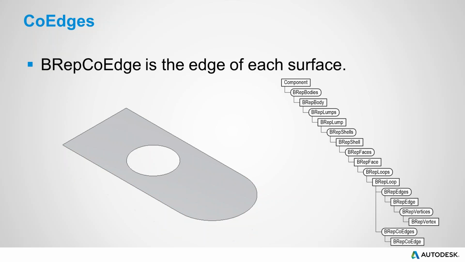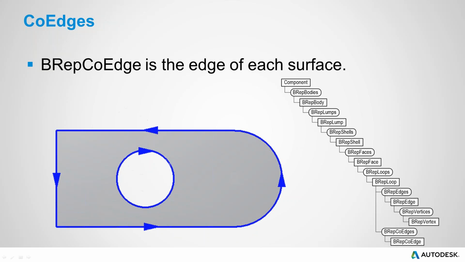So again, if we isolate this one face, what a CoEdge is, it's kind of like an edge, but it's not defining connections to other things. It's defining the boundary of that surface, and this is unique for that surface. So CoEdges are unique per face. The face owns those CoEdges. They're not shared by any other face.